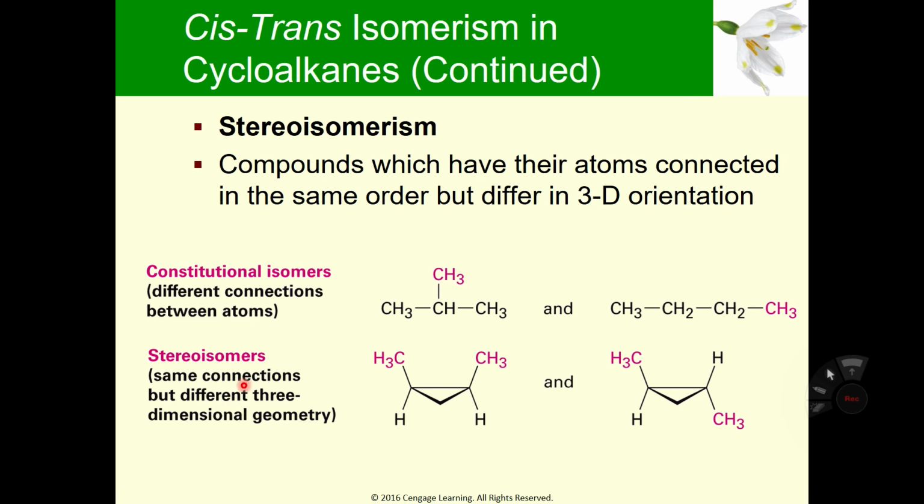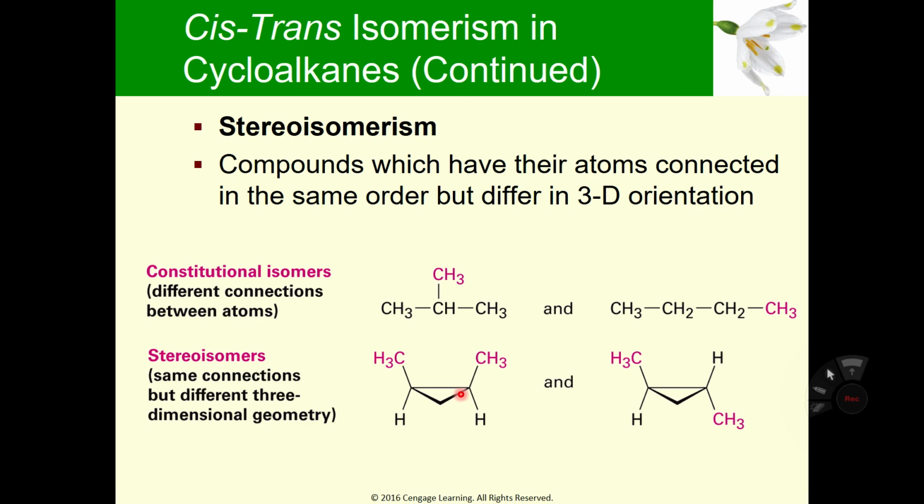On the other hand, stereoisomers are isomers with the same connections but different three-dimensional geometry. Here, the relative arrangement of these three groups around this carbon is the same here and here.